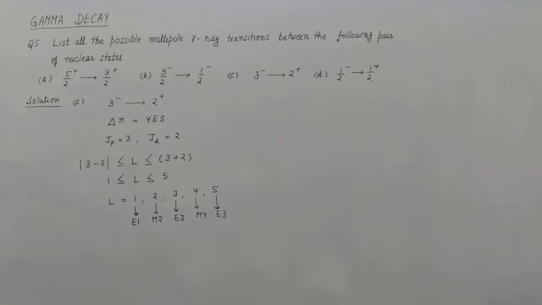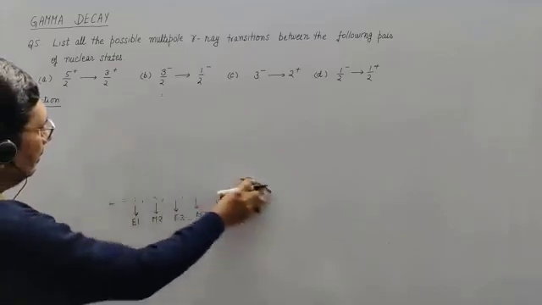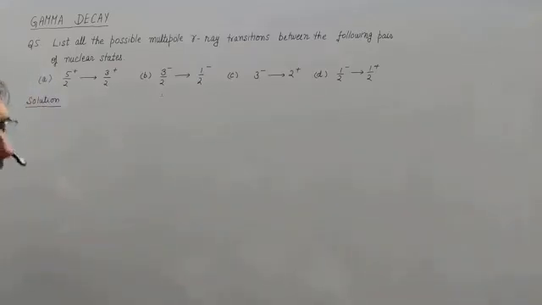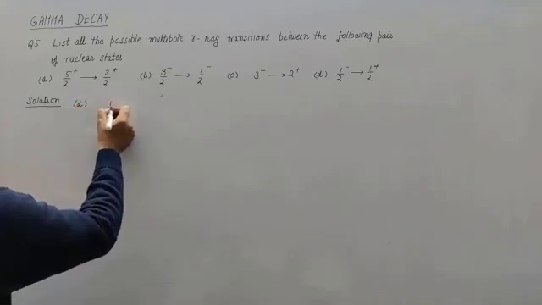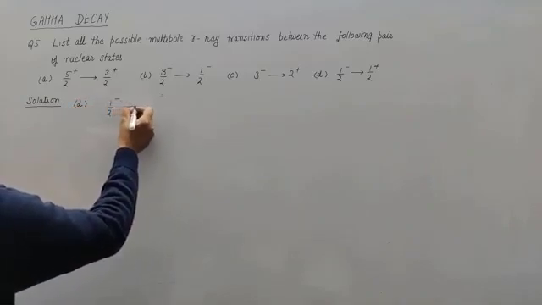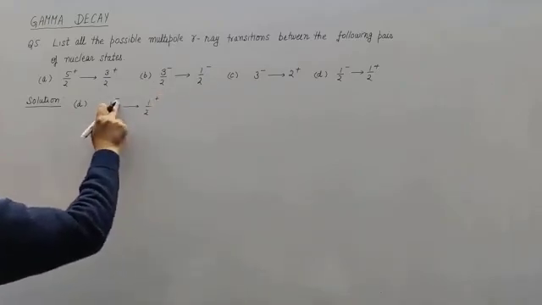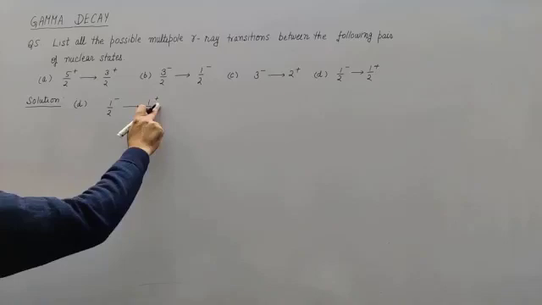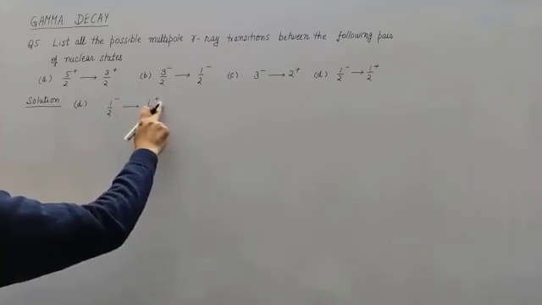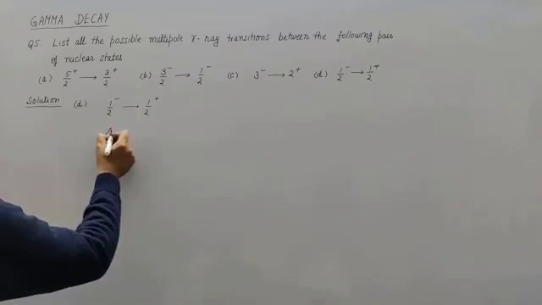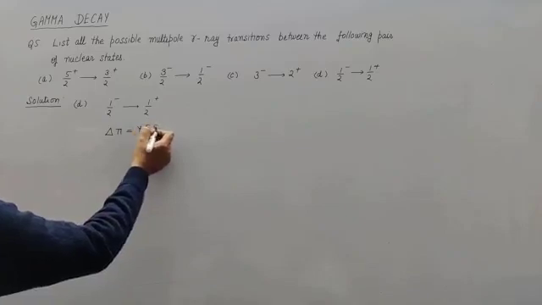Now come to the last one, D part. Transition is given 1/2 minus to 1/2 plus. Here parity of parent nuclei is minus, and for daughter nuclei this is plus. So parity is changing, delta pi is yes. Yes, there is a change in parity.